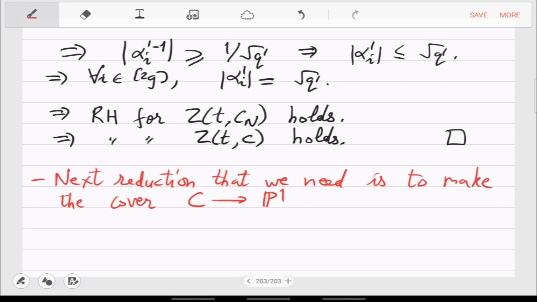But this is not the best cover, because what is happening at the level of fields? At the level of fields, you have this k(x1), x2 and the curve, say given by some equation.